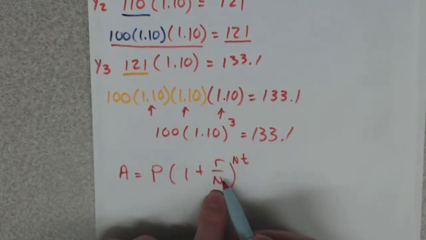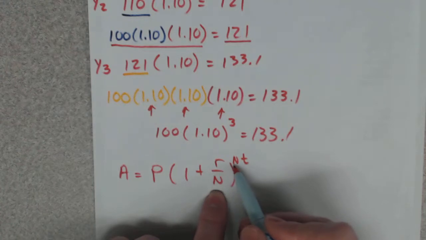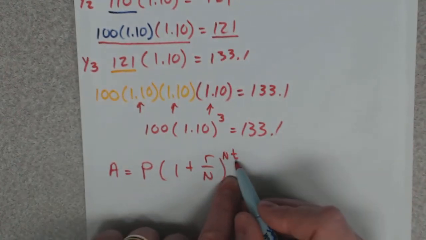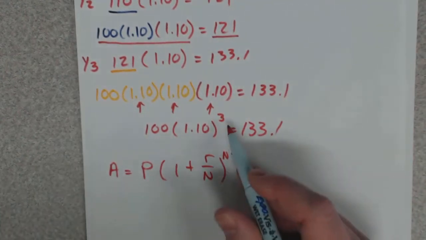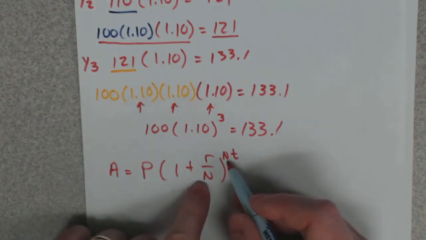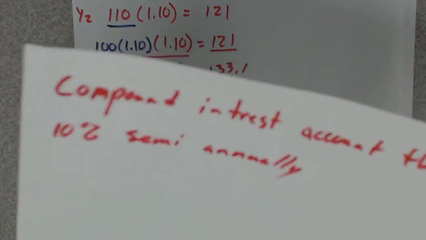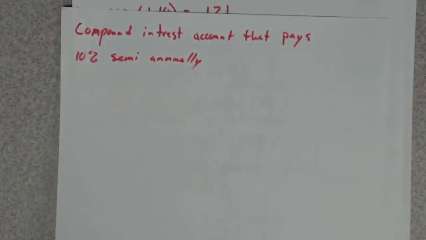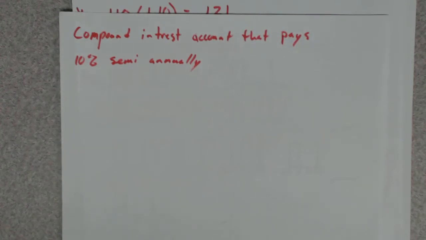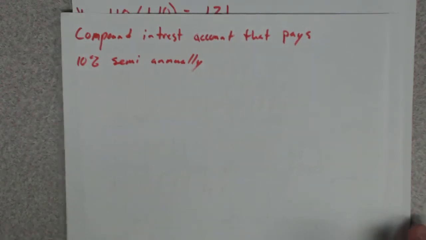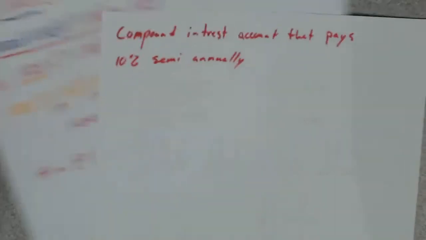Now let's talk about n. We'll talk about that here in a second. And then T is time in years. So that's where that 3 is. So the n, well, there might have been an account, instead of it being 10% annually, it was going to be 10% semi-annually. So what happens is, semi means that it's on the halves.